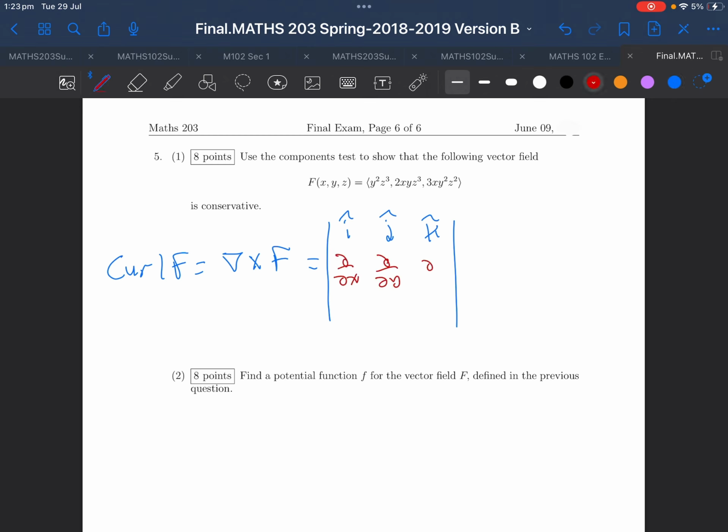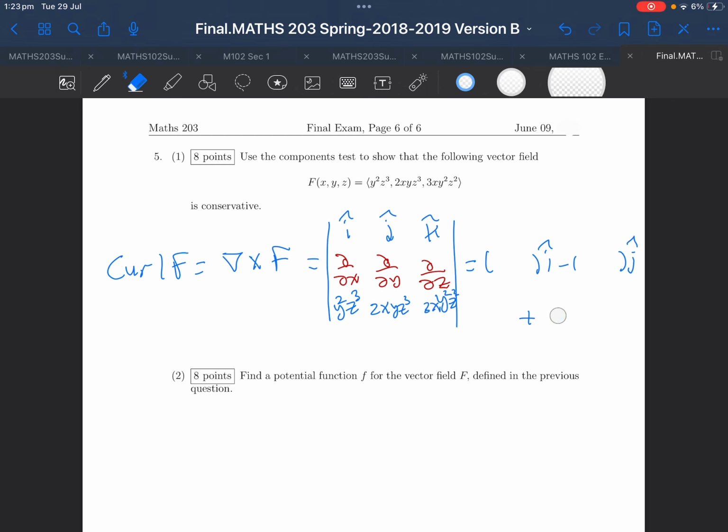Partial by partial x, partial by partial y, partial by partial z, and then we write the function here: 2xyz cubed, 3xy squared z squared. This has to give me three answers, one with i, one with j, and one with k.